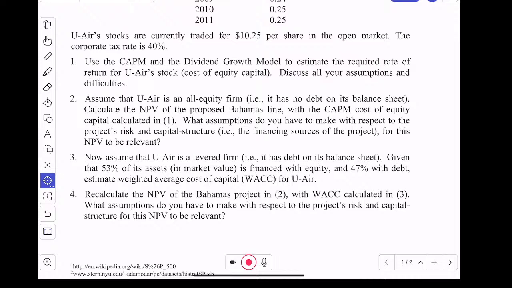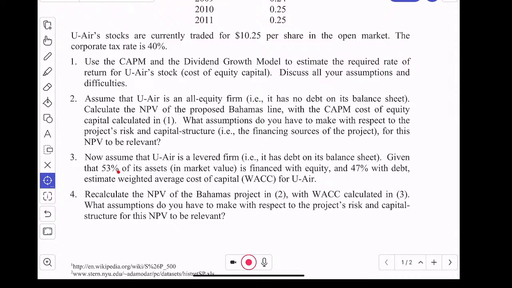Number 3, now assume UAIR is a levered firm, that is, it has debt on its balance sheet. Given that 53% of its assets in market value is financed by equity and 40% with debt, estimate the weighted average cost of capital for UAIR.